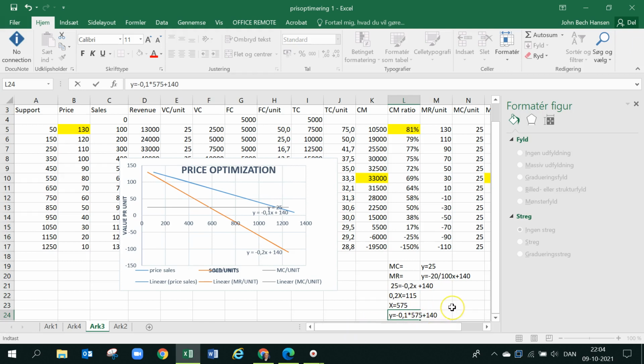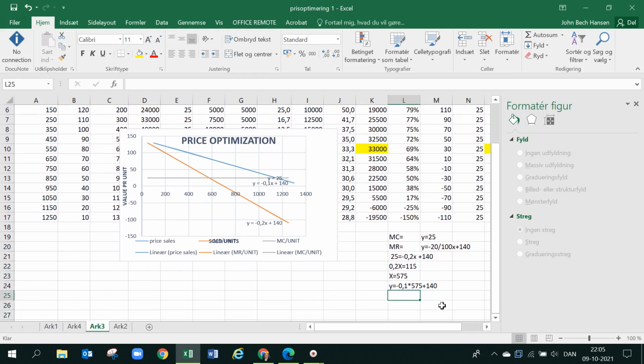So actually I could say that it's minus 57.5. So the price is y equals 140 minus 57.5. So that's 82.5.